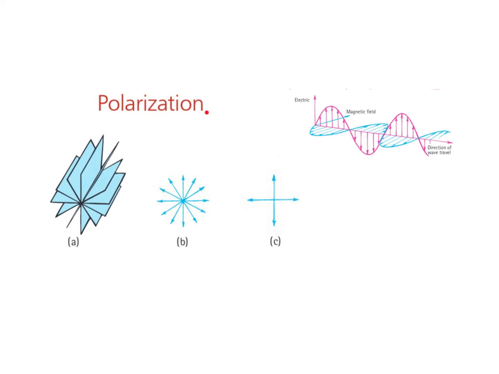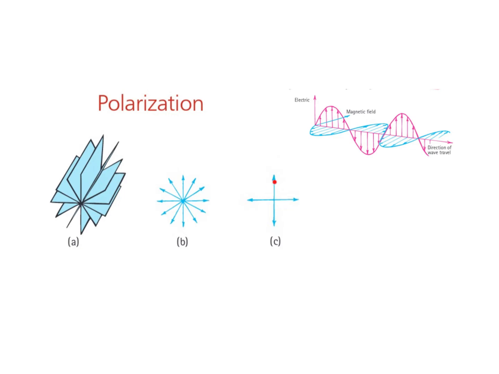Now, what does this have to do with this word polarization here? Light like this, where you have electric fields vibrating in every possible direction, we would call unpolarized light. It's light that's not polarized. Now imagine you had some material where all the electrons were vibrating vertically.